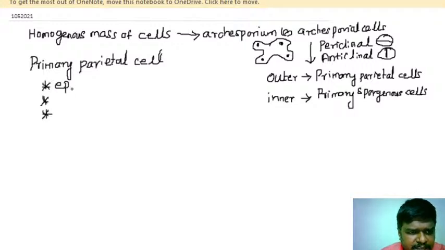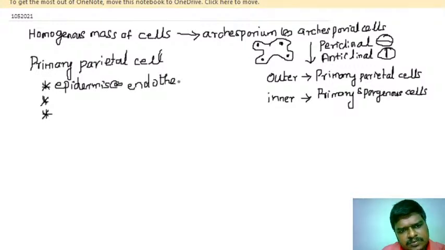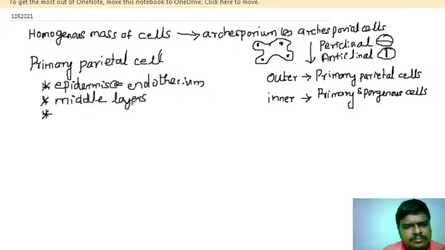We call it epidermis or endothelium. And middle layers, and the innermost layer, that's called tapetum. So three layers are formed.